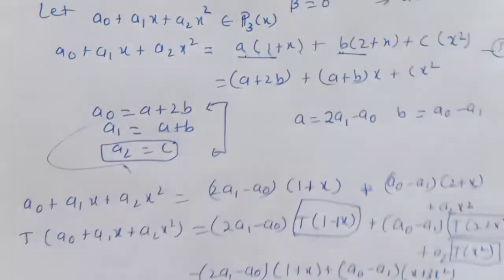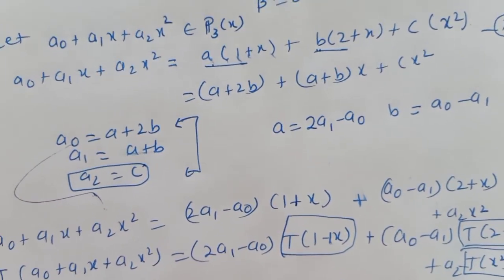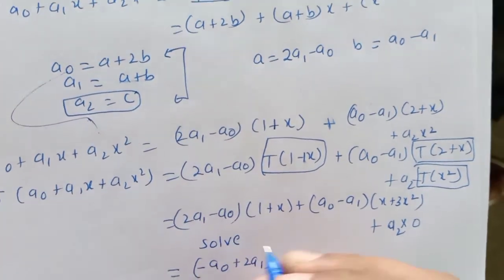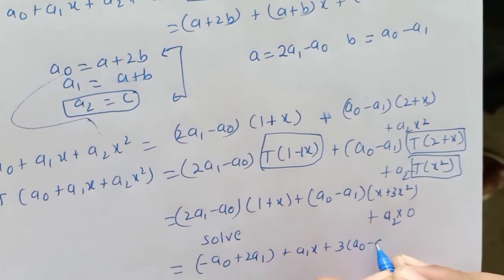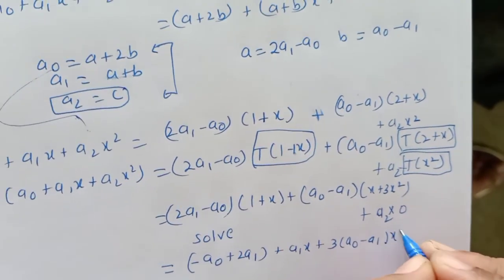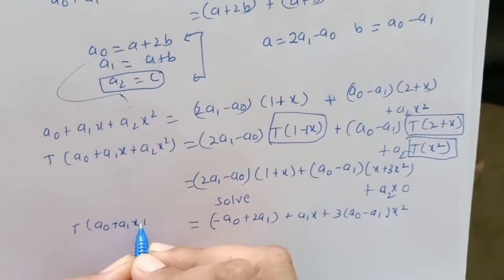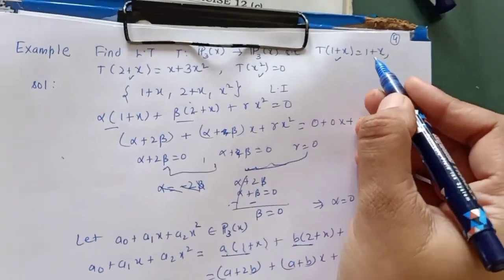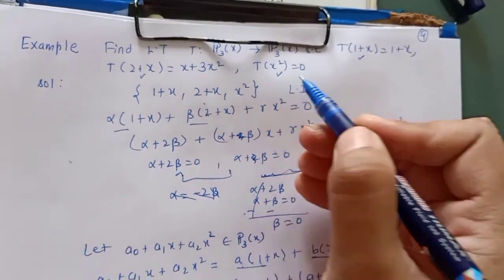So solving this, you will obtain minus a naught plus 2a1 plus a1 x plus 3 a naught minus a1 x square. So this is your linear transformation, which takes 1 plus x to 1 plus x, 2 plus x to x plus 3x square, and x square to 0.